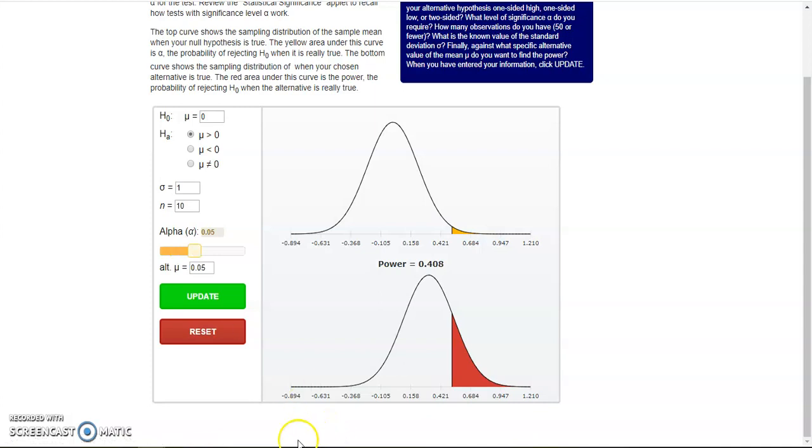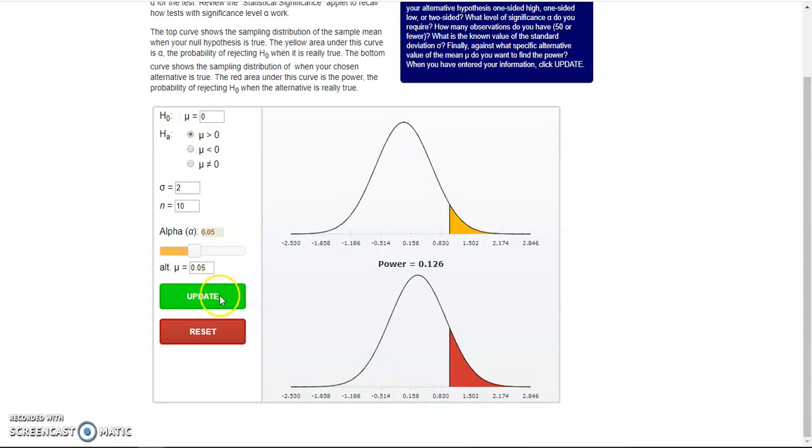Now how about sample size? Let's look at sample size. Well, let me get to that later, actually. Let's look at sigma. If sigma is bigger, then things are going to be more spread out. So let's double it. Power went down significantly. You can see that these two distributions, their means did not change, but they are more spread out, and so there's more overlap between the two.